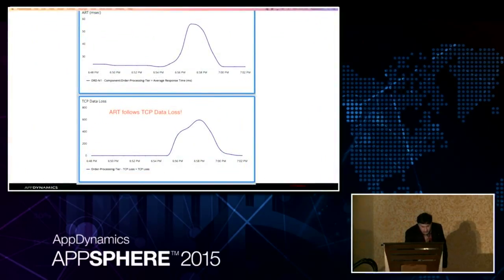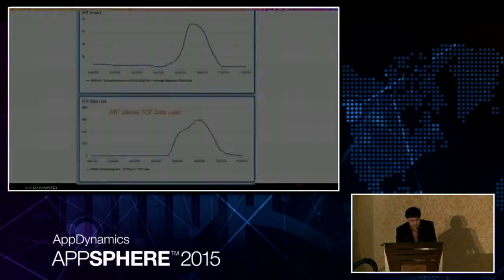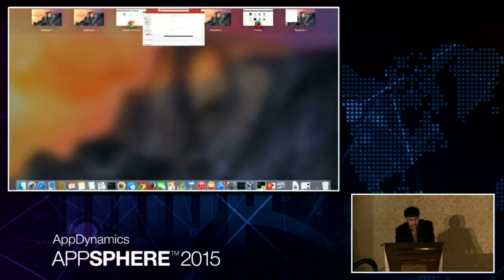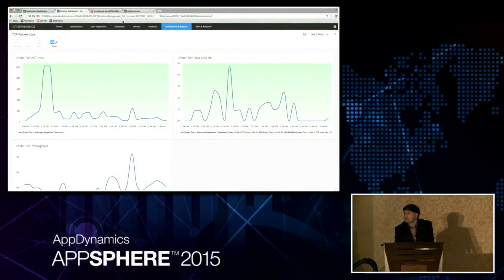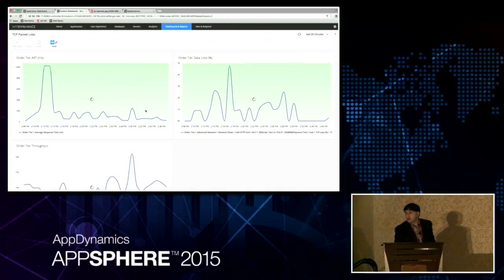On the left-hand side is ART in milliseconds, and the time we're looking at is around 2:30. You can ignore the rest, because we were just fine-tuning the application. Yes, the 230 one.